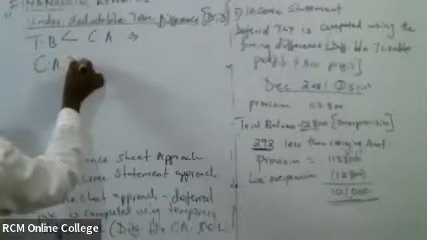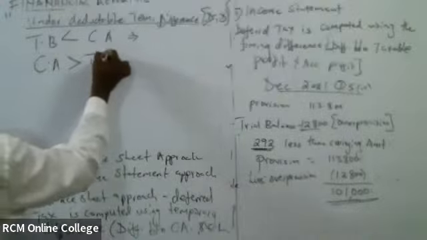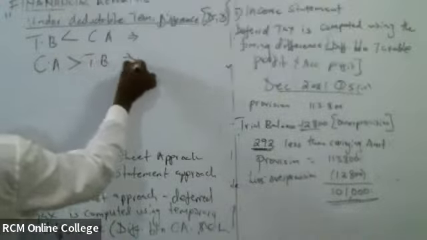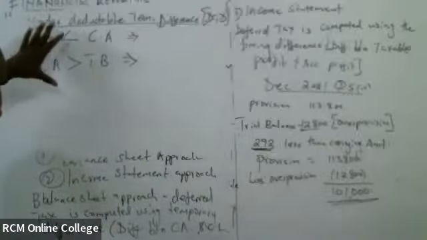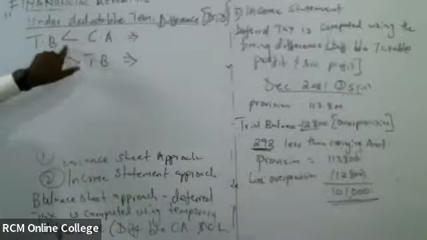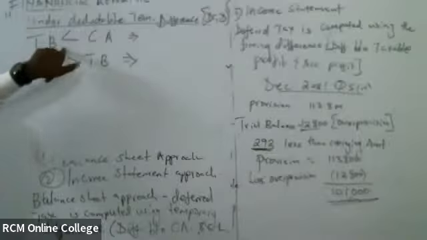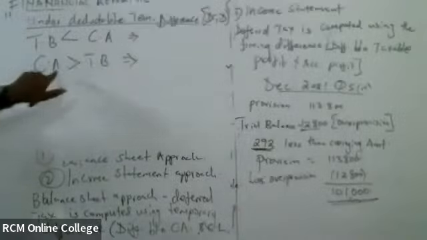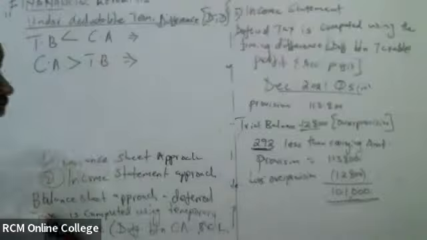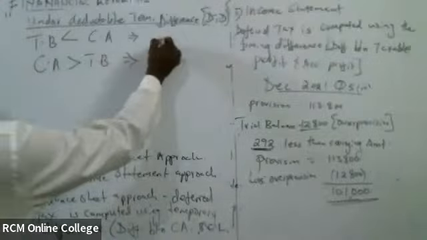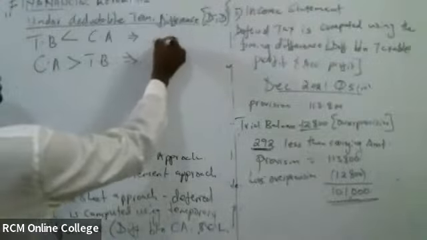They tried to confuse the tax base. It is true to say that the tax base is less than the carrying amount. It's also true to say that the carrying amount is greater than the tax base, and therefore it will give rise to deferred tax.